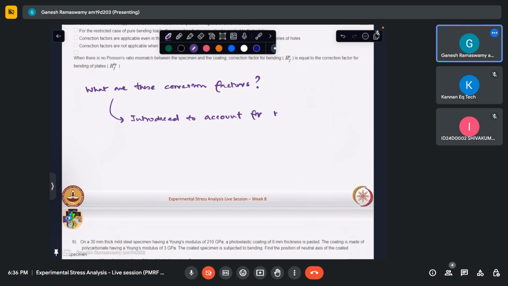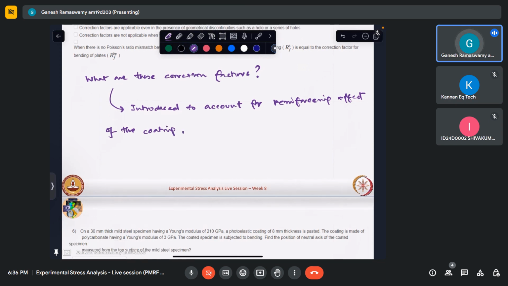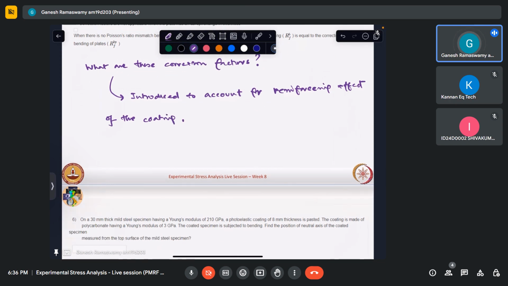Now, how we go about doing this is, the correction factor for any problem is evaluated by analyzing the problem with and without the coating and comparing the result. So the ratio of with coating to without coating will give us a factor which will account for the reinforcement effect that is brought about by the coating.